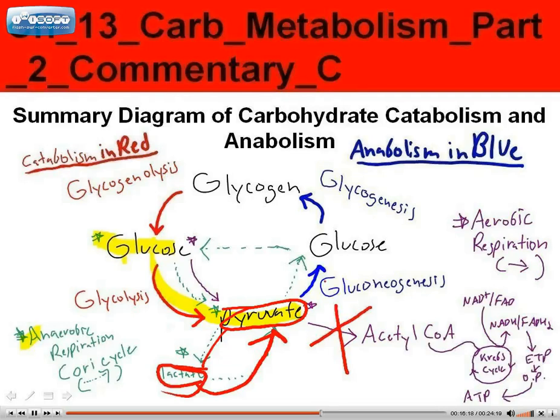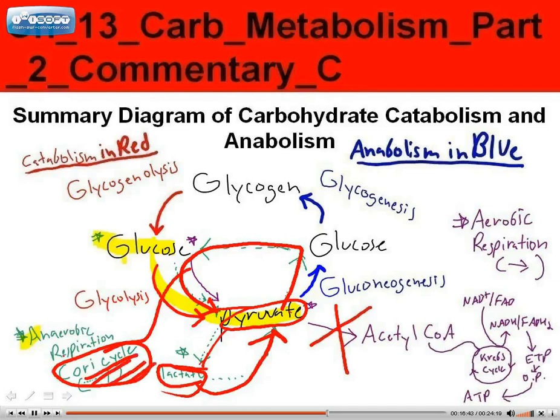Now, once it's in pyruvate, the body will go ahead and convert it back into glucose via gluconeogenesis, and then the same process occurs. It's broken back down into pyruvate, lactate, and then it's regenerated back into pyruvate and so forth. This is called the Cori cycle.